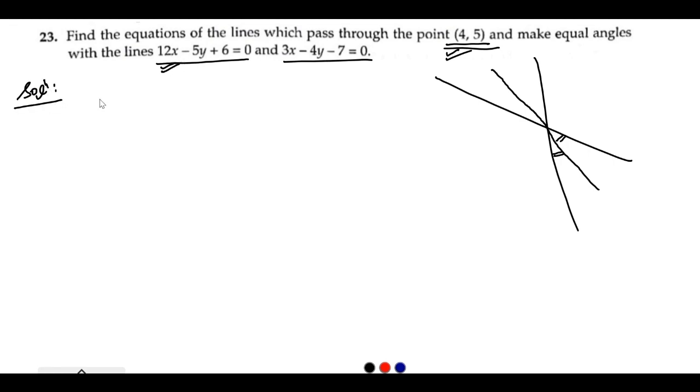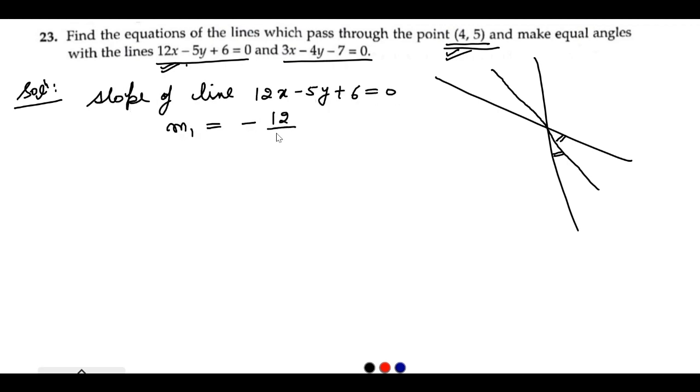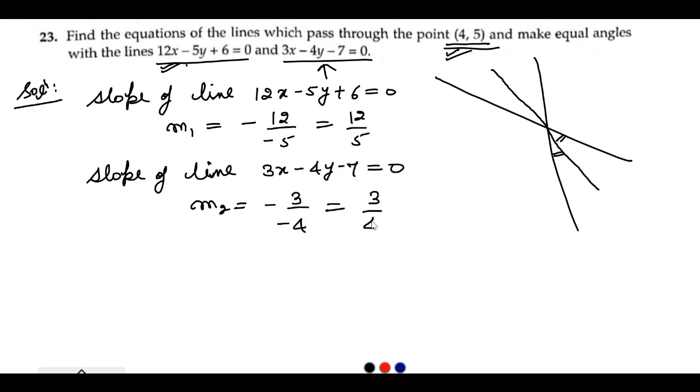First of all, we are finding the slope of this line. Minus coefficient of x divided by coefficient of y, that is 12 by 5. Now find the slope of the second given line, that is 3 by 4.